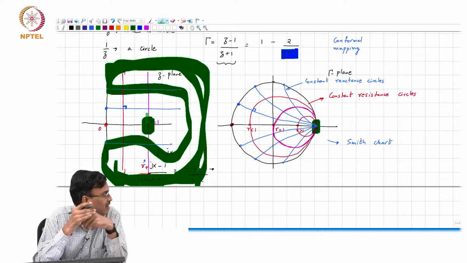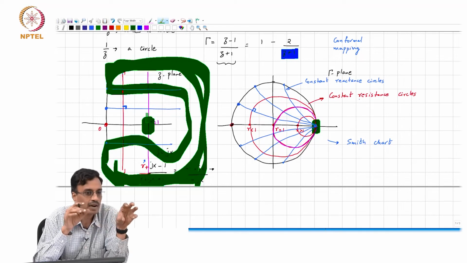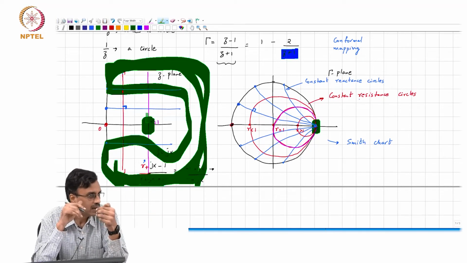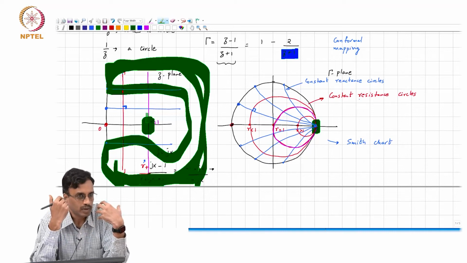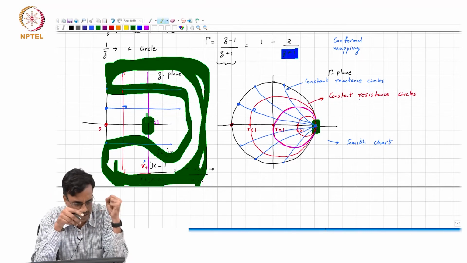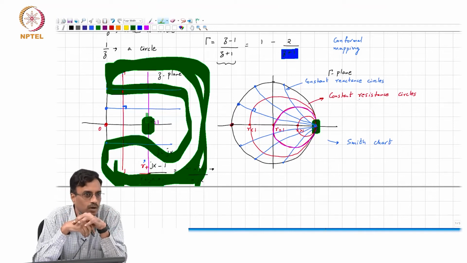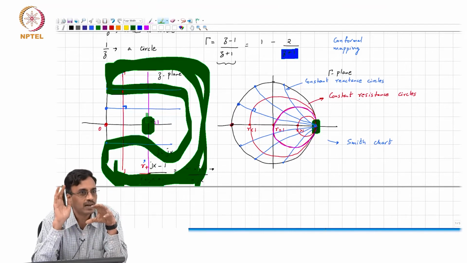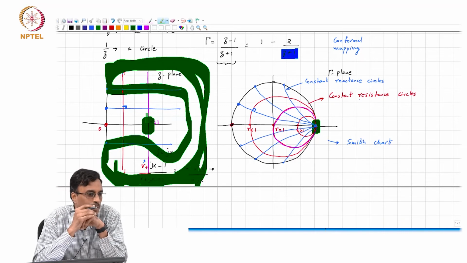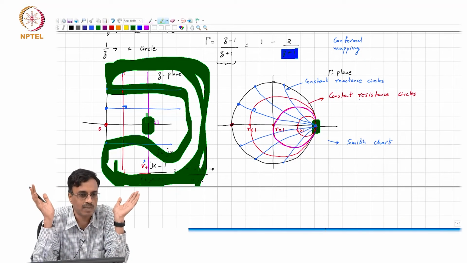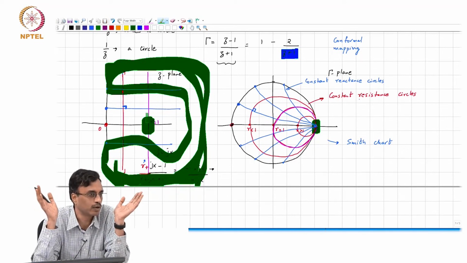For instance, you might be at the front end of an RF receiver and some RF power is coming in and you want to absorb as much of it as possible. Or you might be an amplifier driving an antenna, and there it is imperative that whatever you put out is absorbed by the antenna, meaning it is transmitted out into space.